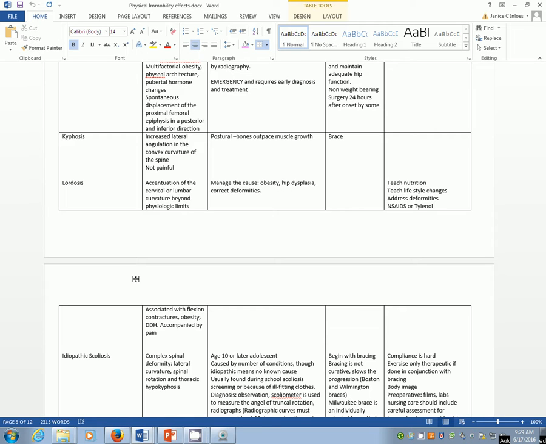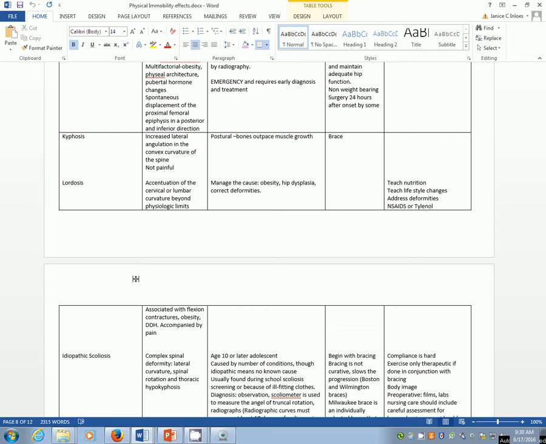That's usually where you're going to see lateral angulation in the convex curvature of the spine. Remember, we learned how to assess the spine in physical assessment. They can put a brace on these children, or they can start doing postural exercises. It's not painful.